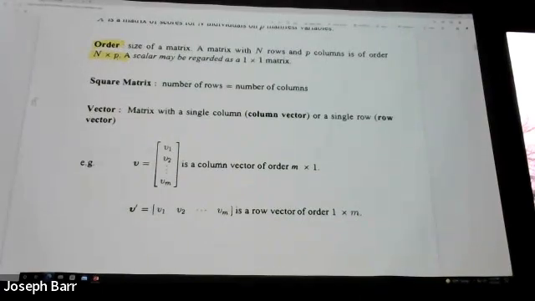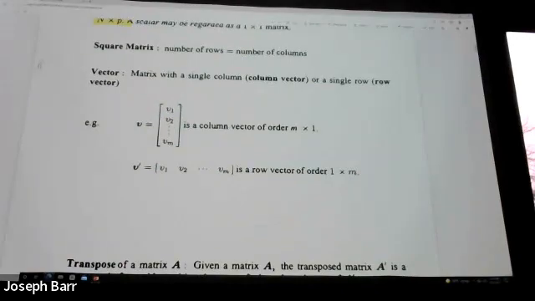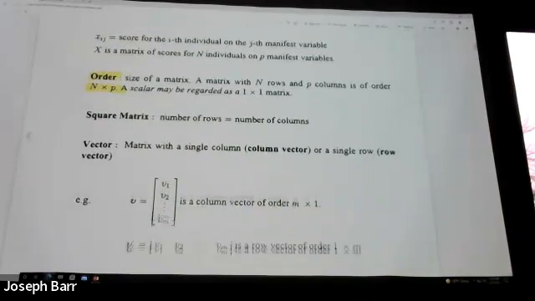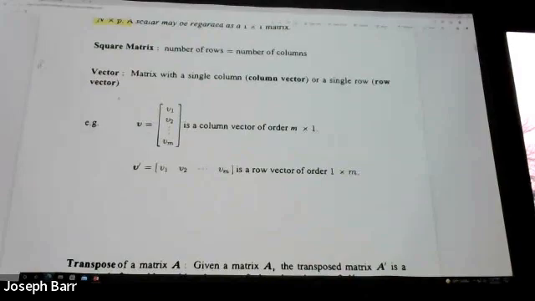If the number of rows and number of columns are the same, n equals p, it becomes a square matrix. A vector is a very special matrix: one single column is a column vector, or one single row. If we transpose it, we have a row vector.